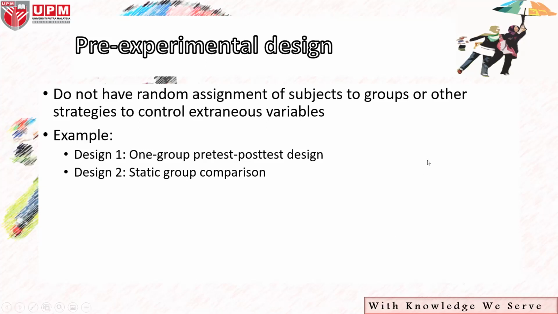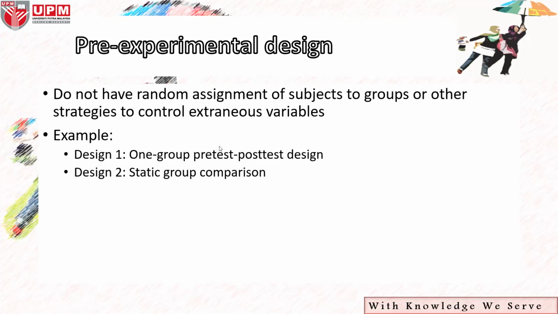In pre-experimental design, we do not have random assignment of subjects to group or other strategies to control extraneous variables. Ini pre-experimental ni adalah jenis experimental design yang paling lemah.